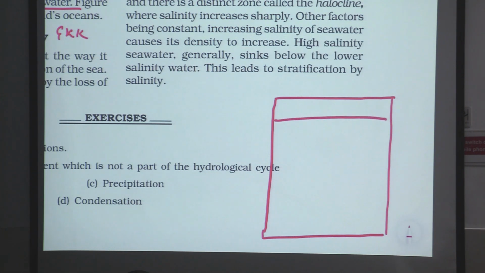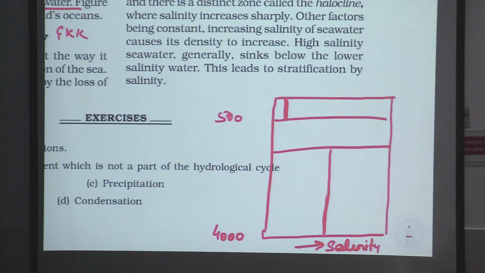So I am again repeating the diagram which we attempted just a few minutes back. So 4000 meters is the average depth, this is 500 meters, and salinity if plotted here, my surface water salinity is very low, it will be uniform in deeper water. So what will happen? Logical, salinity will increase.